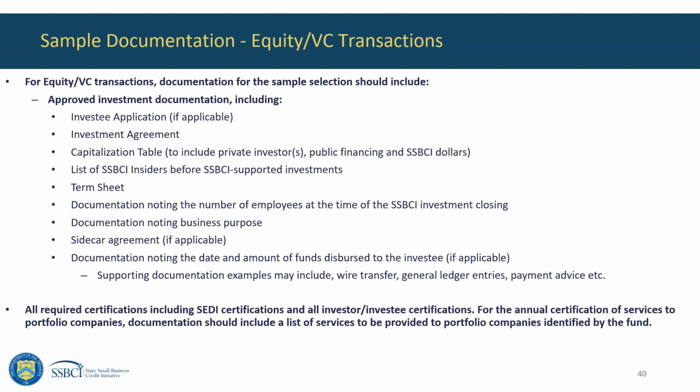As I mentioned earlier, if there are elements of this capitalization table that are redacted, we do rely on the capitalization table to perform our own reviews of conflicts of interest, so we would reach out to the jurisdiction regarding that element. These items are not prescriptive, but they cover the gist of the idea: this is what we would request to test the elements of the disbursement request form. Next slide, please.